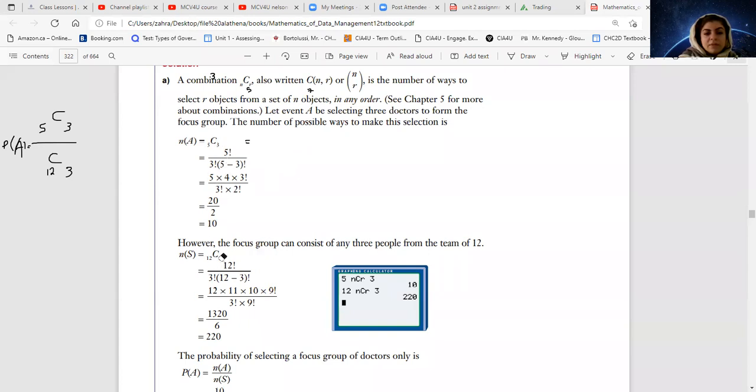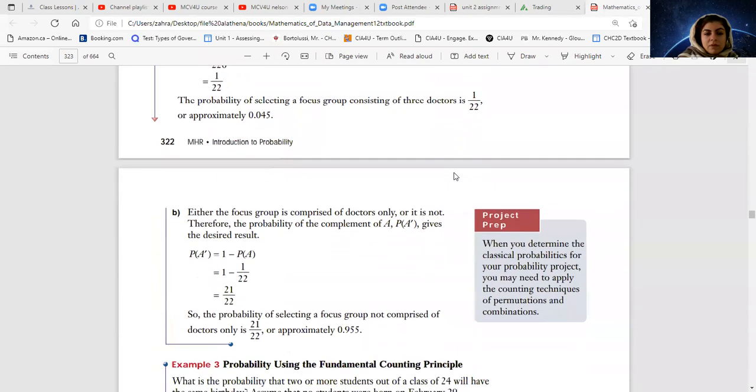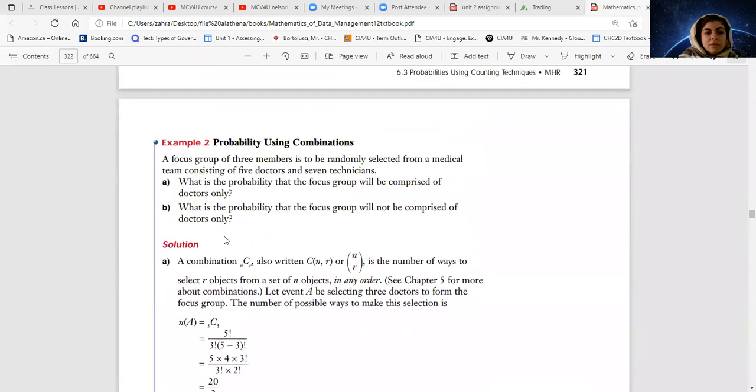And here is the same, 3 out of 12. It's going to be 12 factorial divided by 3 factorial times 12 minus 3 factorial. So you simplify and it's going to be 220. So 10 divided by 220, which is 0.045.